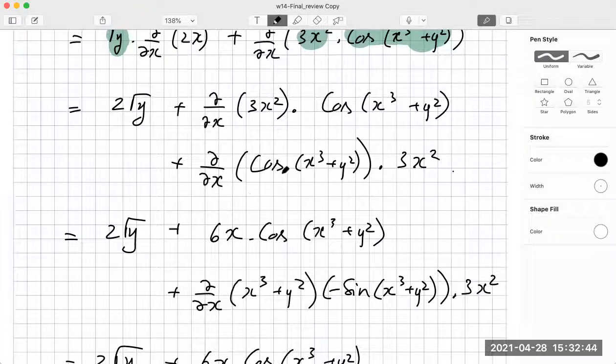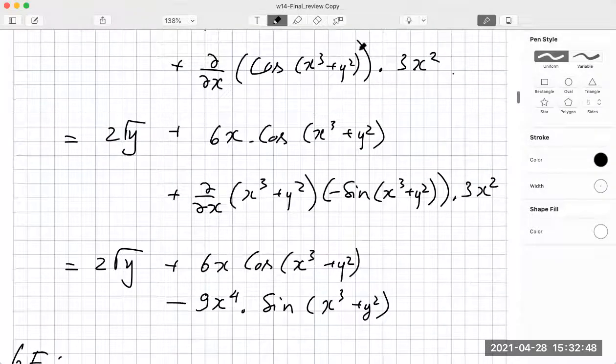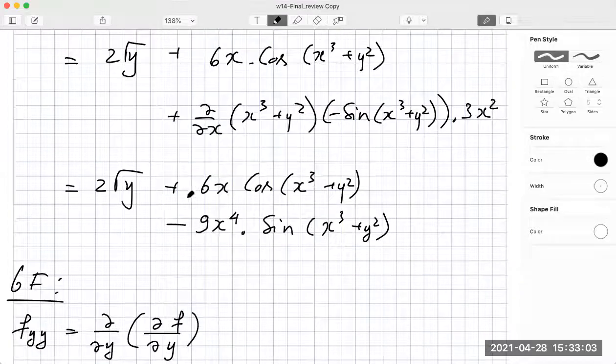D over dx of cosine of this would be the derivative of x cubed plus y squared times negative sine of this, and then write down 3x squared of this. So simplify it. We have this. Okay, is it clear? Just do it slowly and double check it yourself.